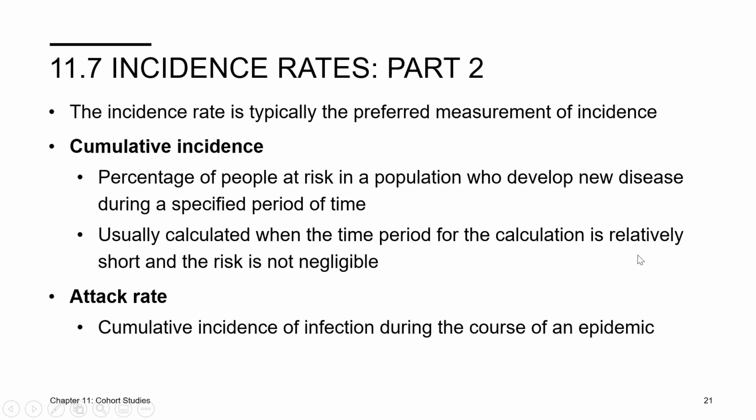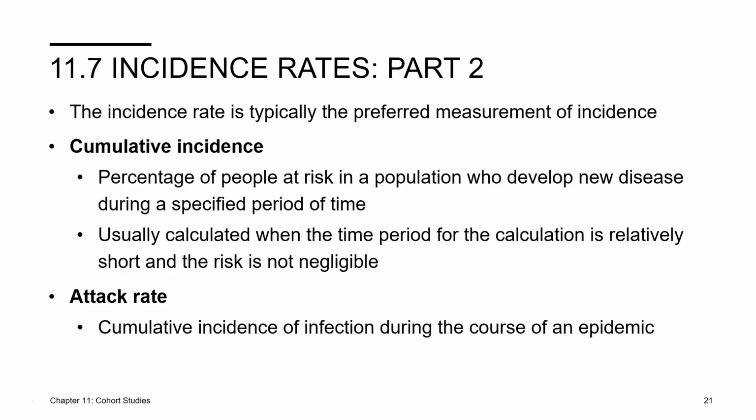So the incident rate is typically a preferred measurement of incidence. I think it's pretty straightforward for people to understand. Another thing that can be calculated is the cumulative incidence, which is the percentage of people at risk who develop the new disease during a specified period of time. And it's calculated when the time period is relatively short and risk is not negligible.